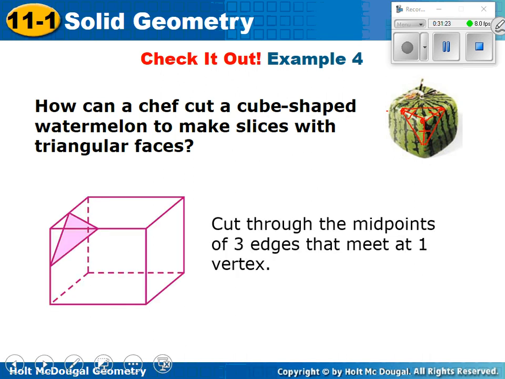So they said, cut through the midpoints of 3 edges that meet at a vertex. Doesn't have to be the midpoints though, right? But that's an easy way to describe it. They would just have to be an equal distance from the vertex. So you could say go out an equal distance from the vertex on 3 consecutive edges and slice it diagonally.